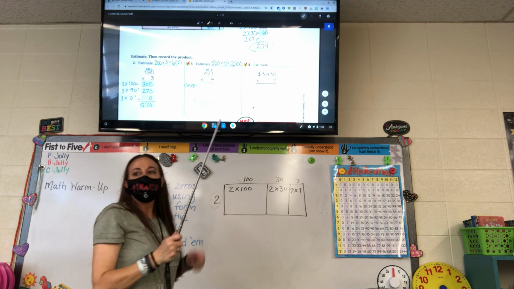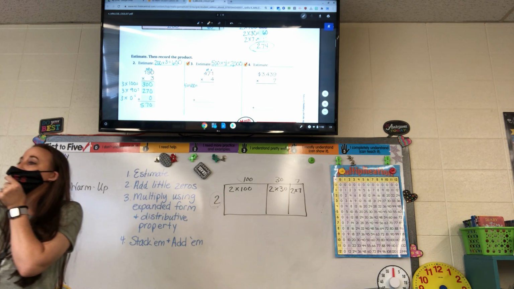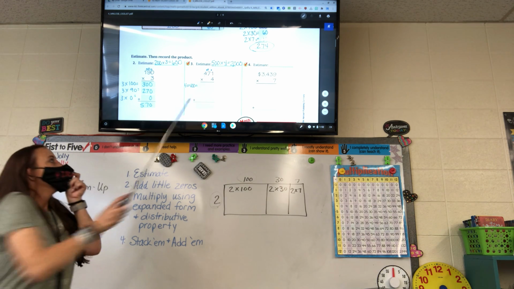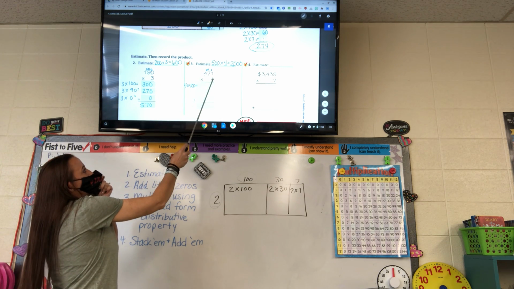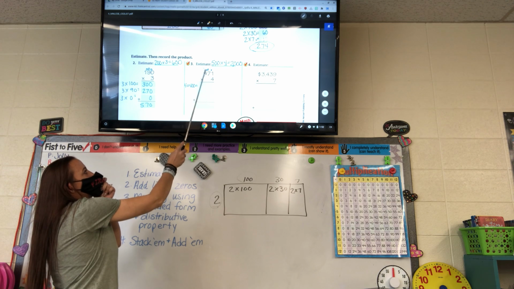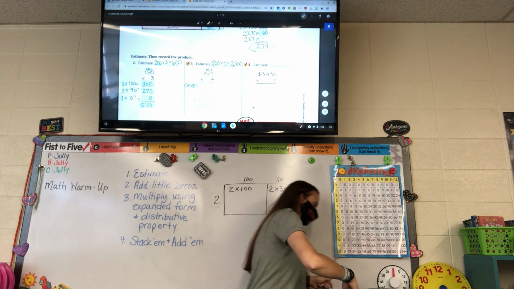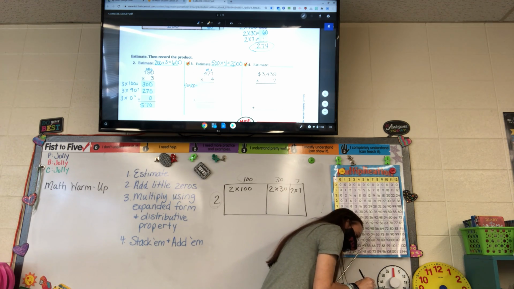By the way, if you haven't figured it out, we always start with the bottom number. So 4 times 400, then we come back to the bottom. 4 times what? 70, and then 4 times 1.